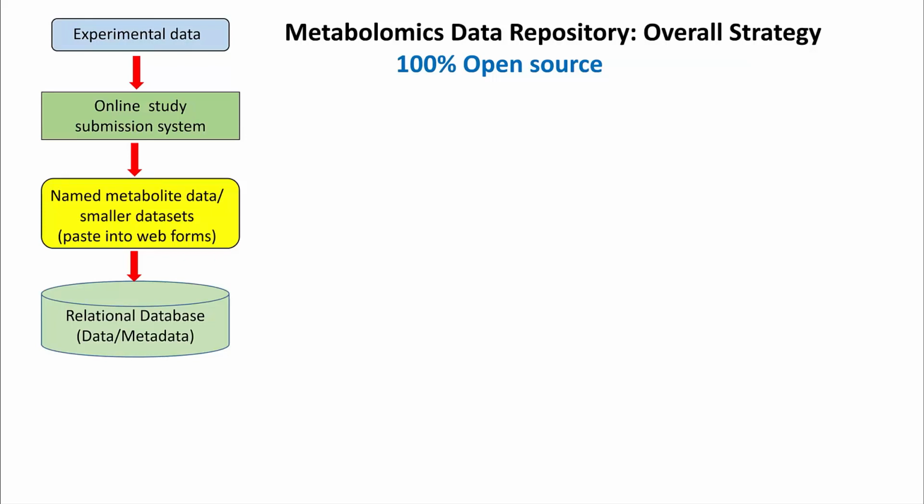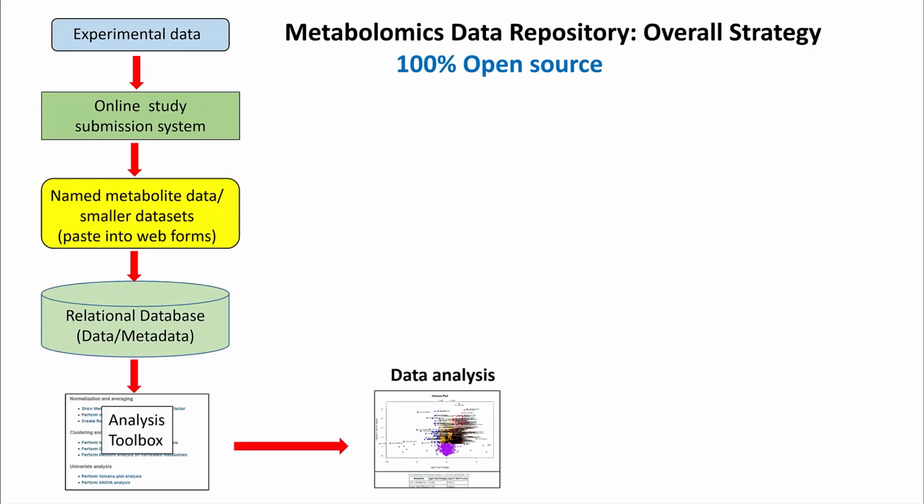So this slide provides an overview of how, starting with the data and metadata deposition into the system, we channel it through different processing steps, and then to various tools, and how it is visualized on the Metabolomics Workbench website. Starting with the experimental data generated by different metabolomics researchers, we have an online submission system where we have the ability to provide named metabolites, and all that information, along with the other metadata information, is deposited into a relational database.